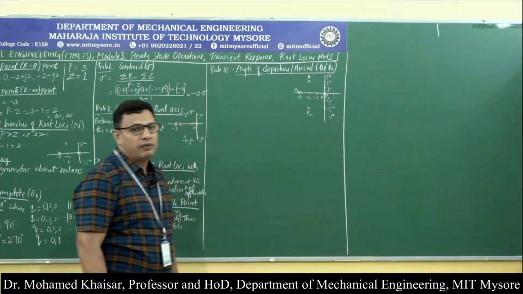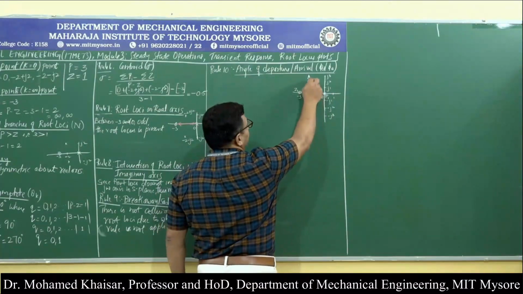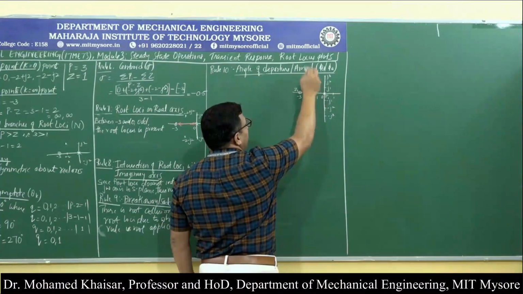Then next what we need to do is join all the poles and zeros with this pole for which we are trying to find the angle of departure.